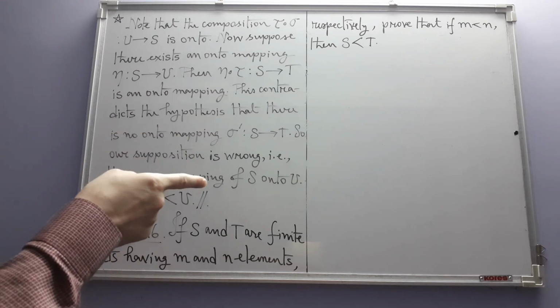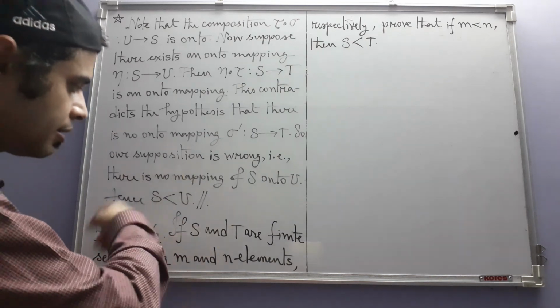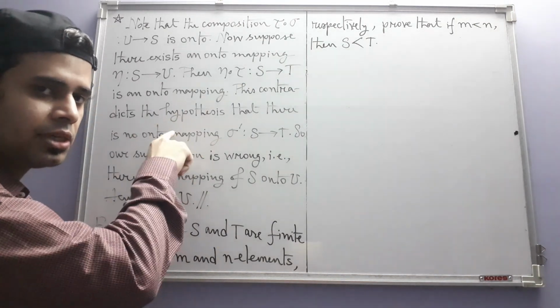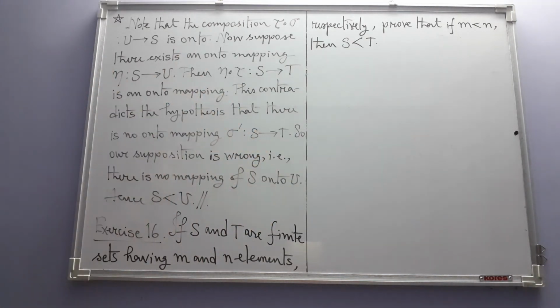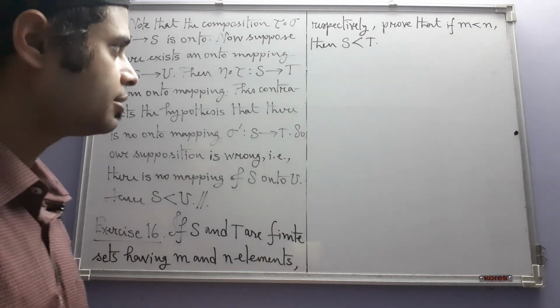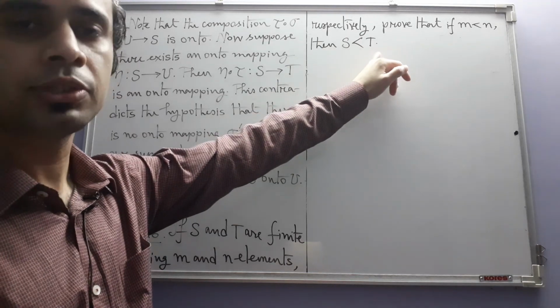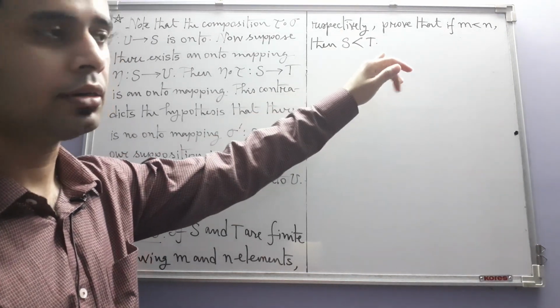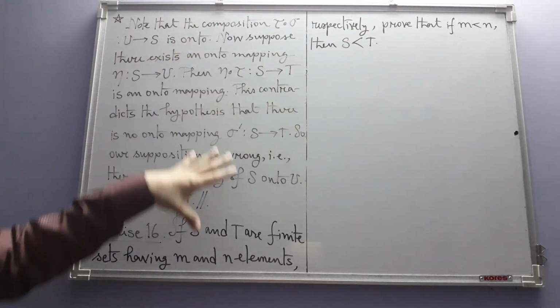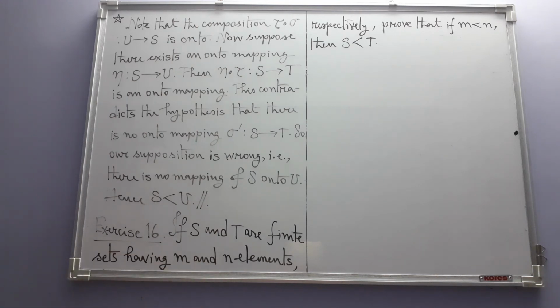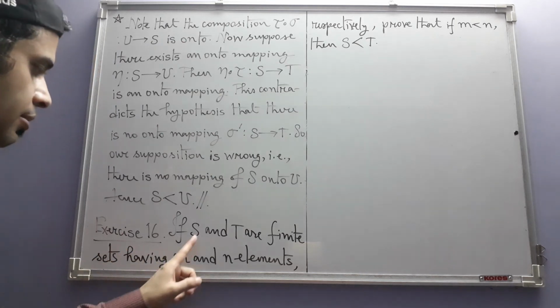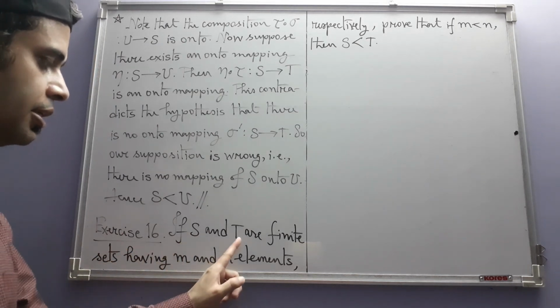The example that we discussed after stating the previous problem will now be substantiated. That is, whatever we think normally when we have two sets, which one is smaller, matches with whatever we have defined in the previous exercise. So here we are given two finite sets. S has m elements, T has n elements.